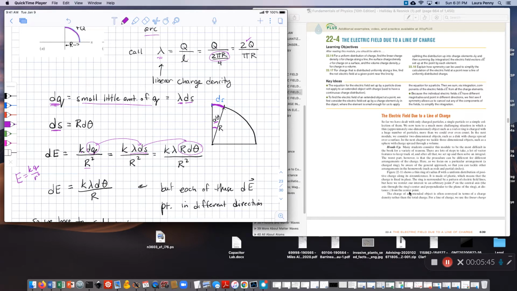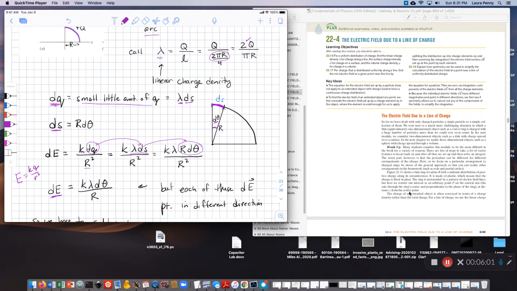An R can cancel there, and I end up with dE equals k lambda d theta over R.